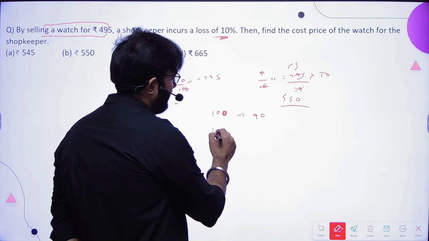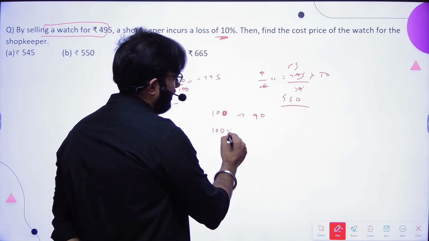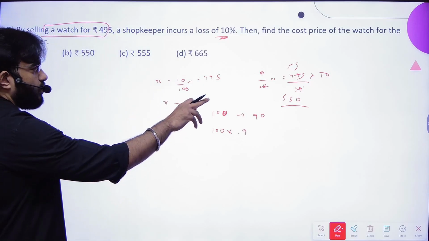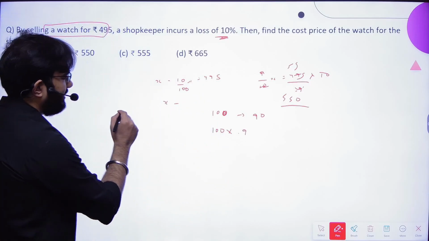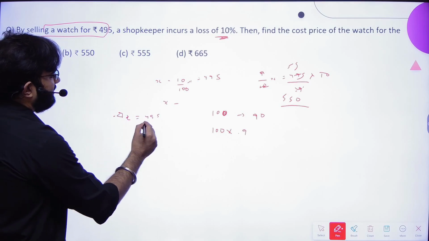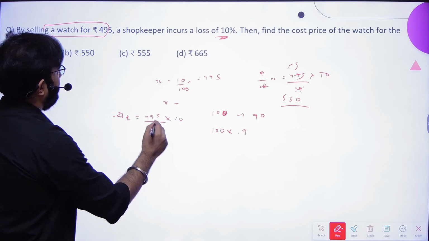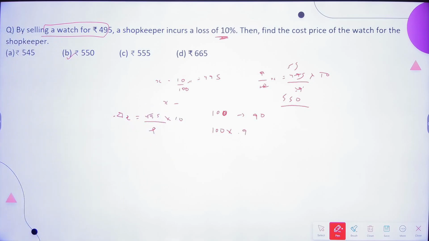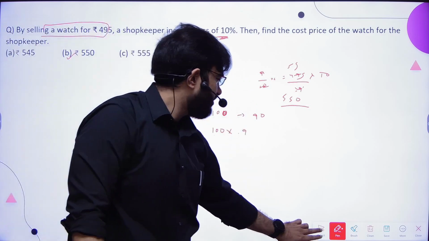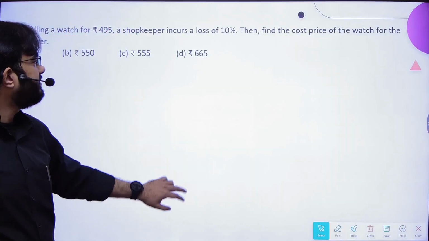So essentially we have multiplied 100 by 0.9. If you are comfortable with decimals, you can directly put 0.9x is equal to 495, and you will get 550 again. So these are the two methods. This is a relatively simple question. Let us proceed further.